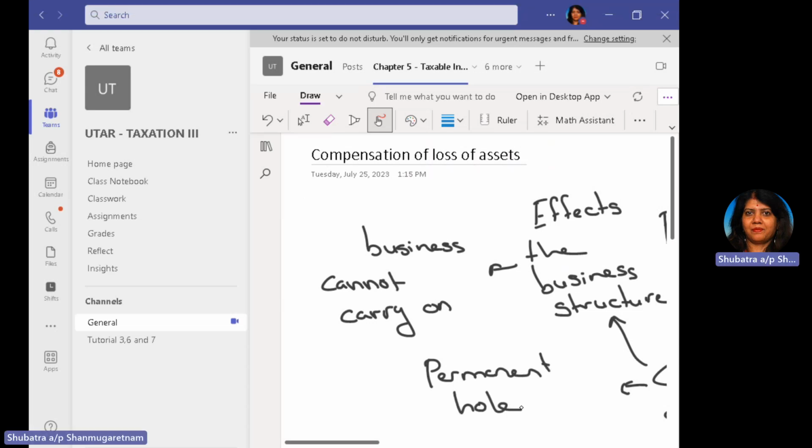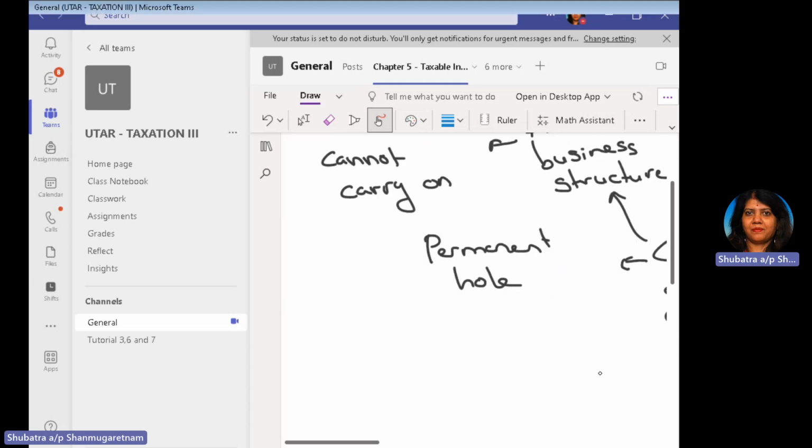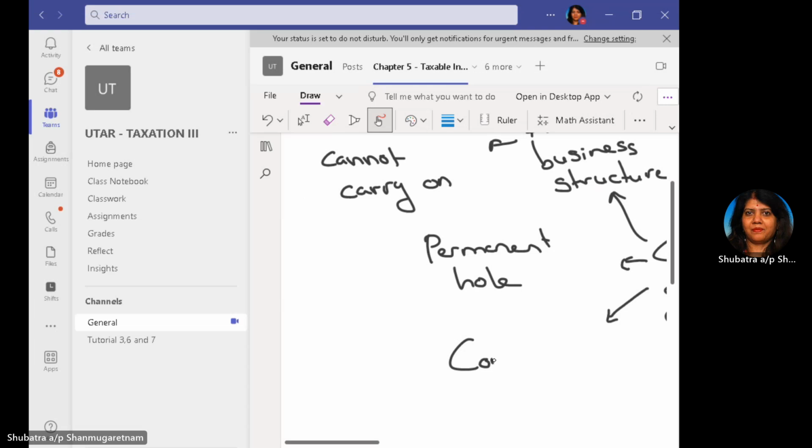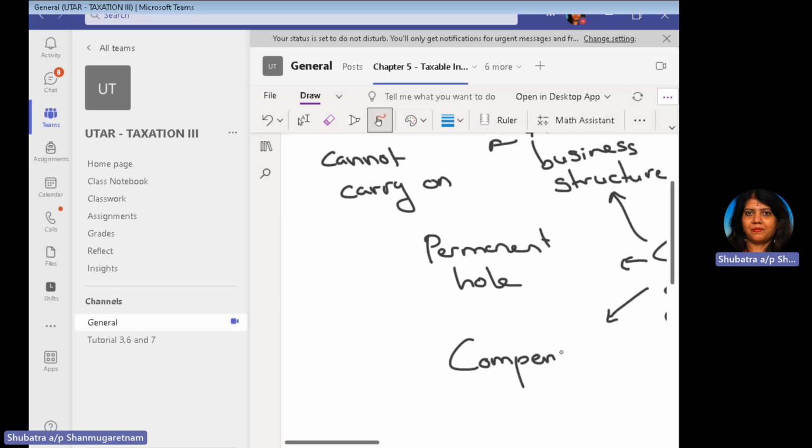Until I restructure and build back my restaurant, I need to close down. So this compensation that I am getting is to replenish not my income, but my asset.